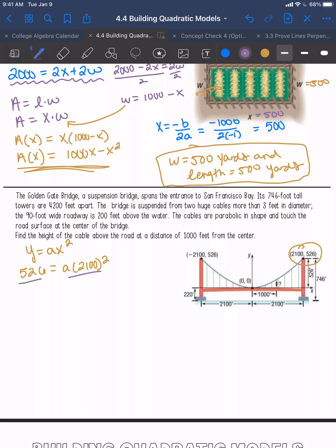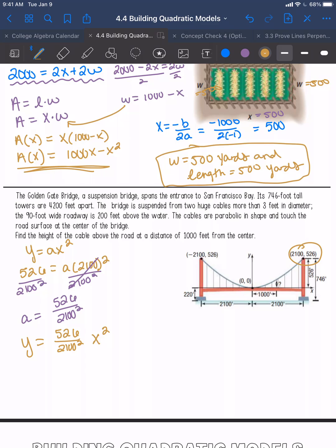Solving for a, we're going to divide both sides by 2100 squared. That's a really large number, so we're just going to leave a as 526 over 2100 squared. So our model is y equals 526 over 2100 squared x squared. So use that as our model.